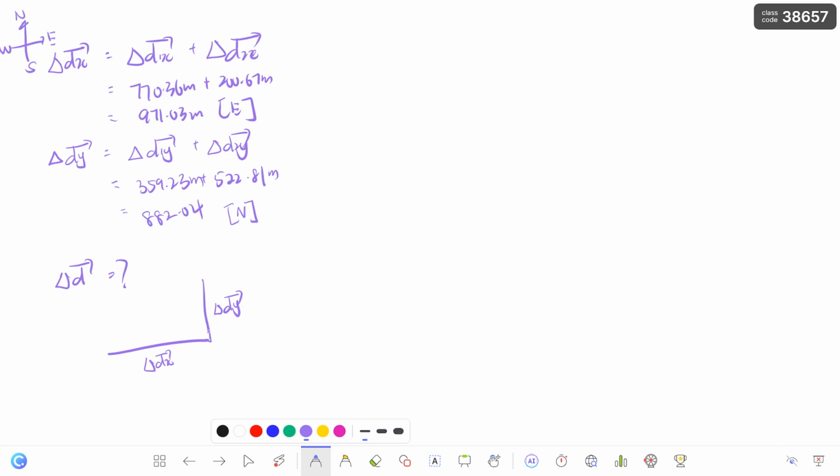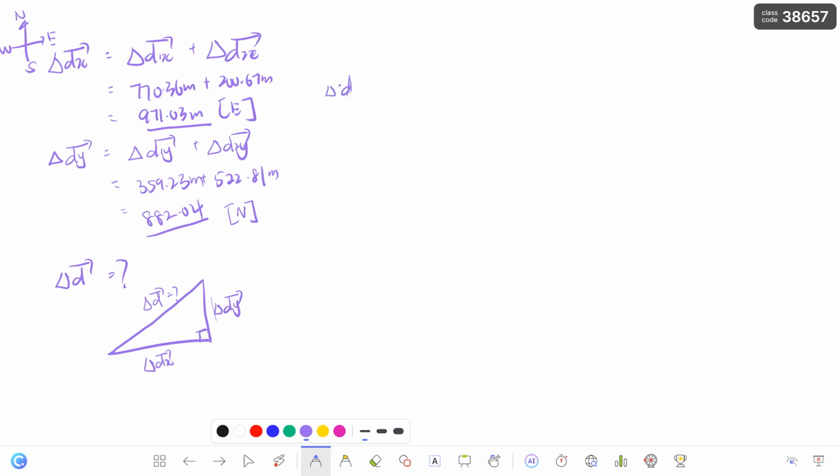So in terms of vectors, in order to find the resultant displacement, you need to make this a triangle problem. Delta d is what you want to find, and the measurements for delta dx and dy are 971 and 882. Since this is a right angle triangle, we should solve it using the Pythagoras theorem.